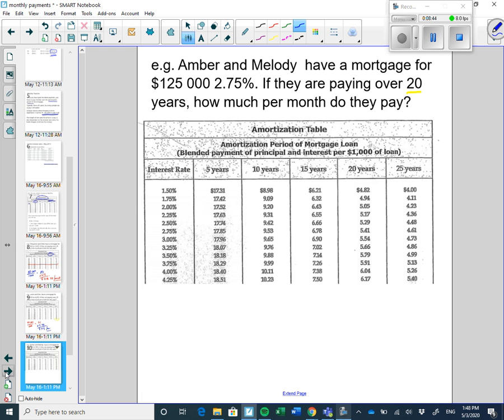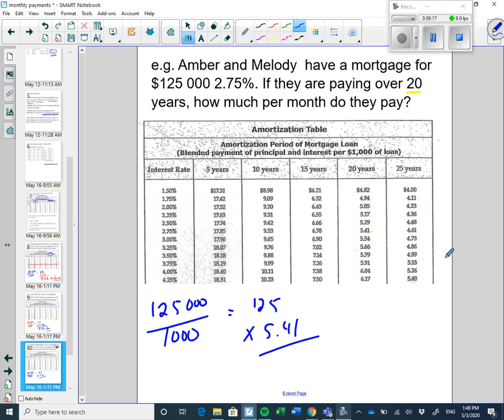$125,000, 2.75. So we're going to take that $125,000. We're going to divide by 1,000, is always step one. We're going to get 125. And we're going to multiply by the number from the table. 2.75 is this one right here, but it's 20 years. $5.41.